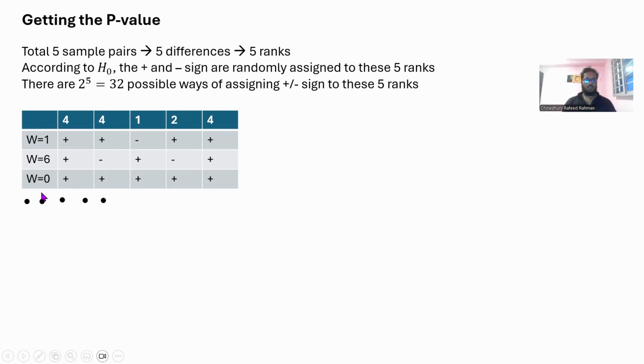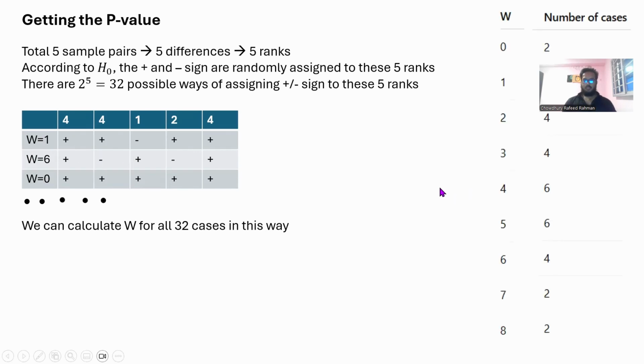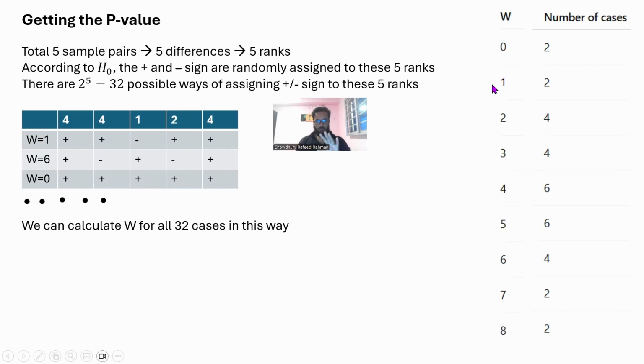And so we can keep going like this for 32 rows. 32 possible values are there, so we can calculate W for all 32 of these cases just as I showed you right now. Here is the thing: this is not a real table. This is just a conceptual table for you to understand what's going on.